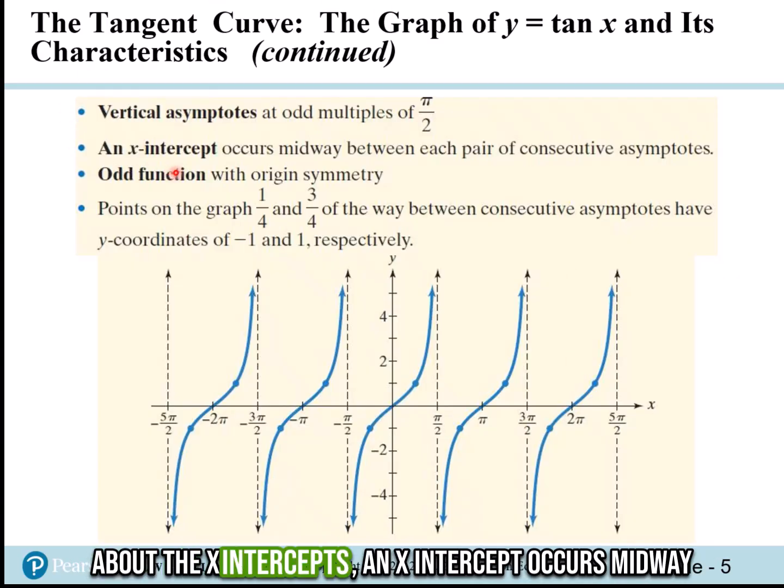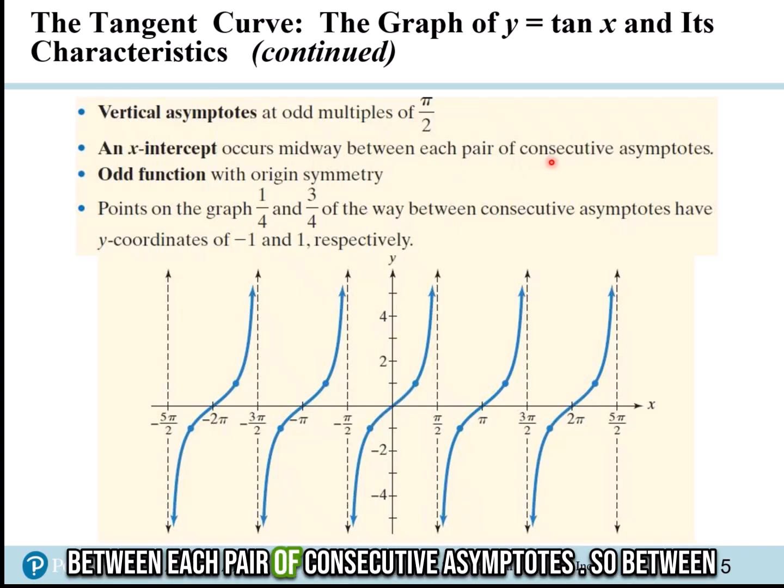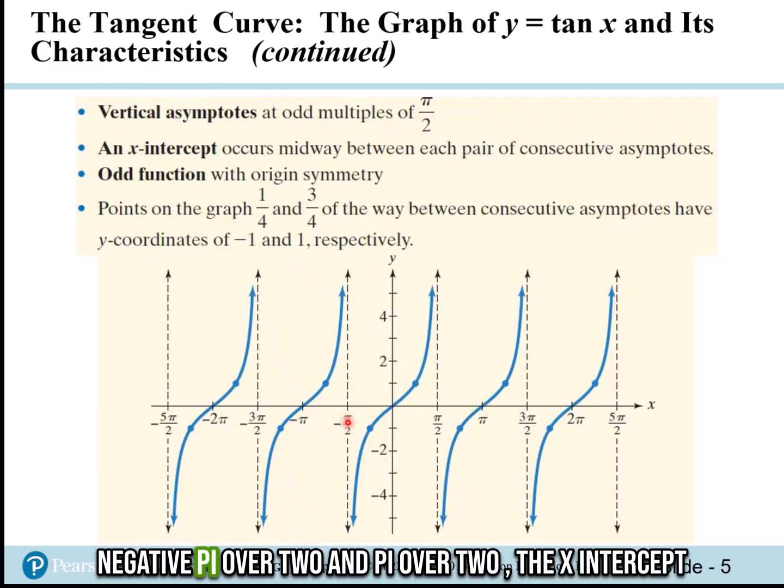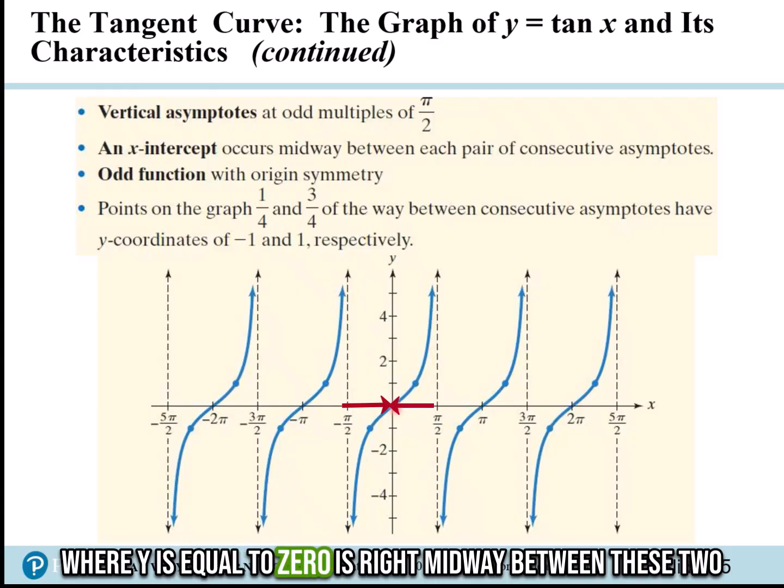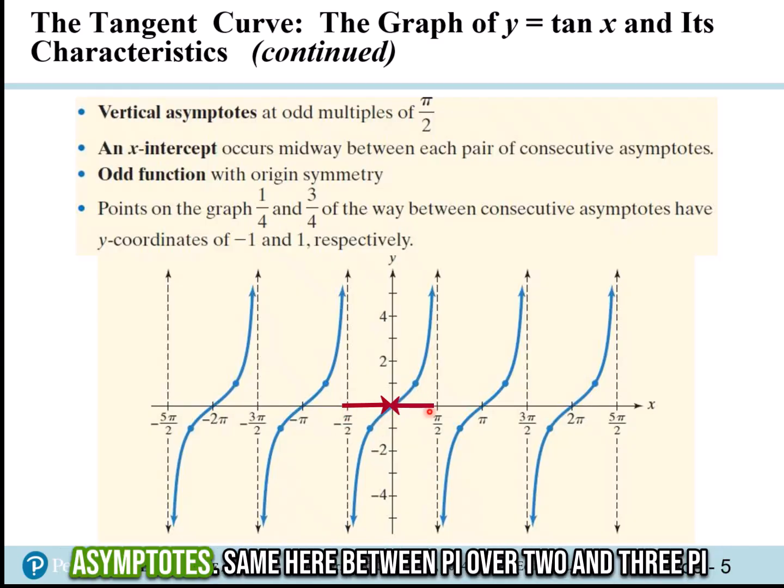About the x-intercepts, an x-intercept occurs midway between each pair of consecutive asymptotes. So between negative pi over 2 and pi over 2, the x-intercept, where y is equal to 0, is right midway between these two asymptotes. Same here between pi over 2 and 3 pi over 2.